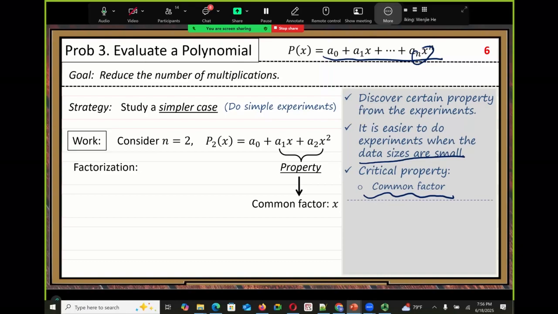When you see a common factor, you know you have room to do factorization. All right, let's do factorization. a1x plus a2x squared equals, you factor the common factor x out, so inside the parenthesis you have a1 plus a2x.